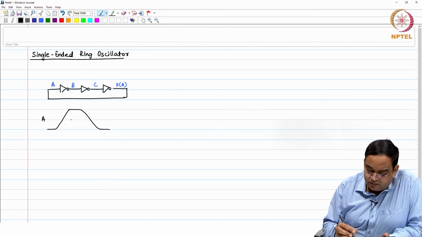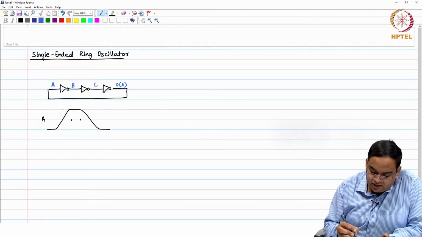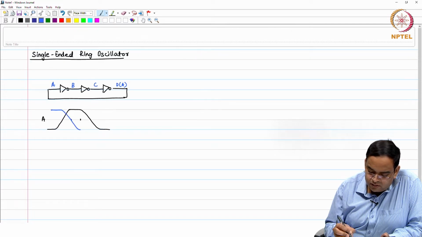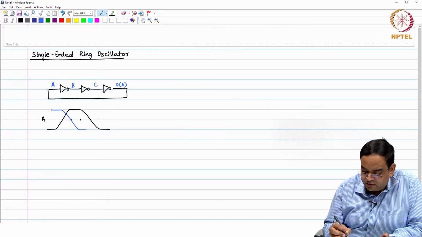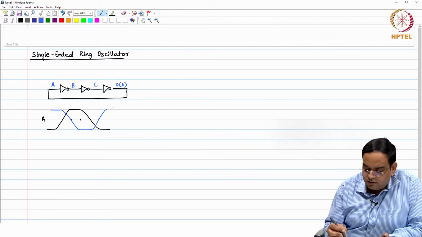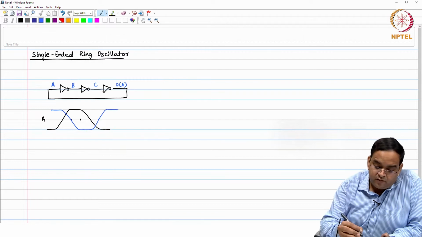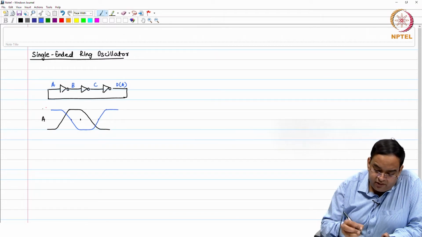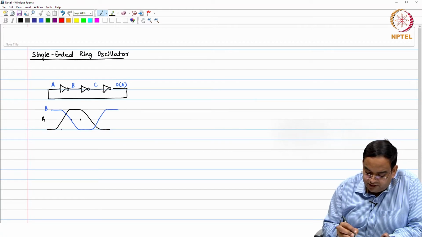So this is the waveform A. The waveform B happens to be like this. And this is waveform B, and waveform C is going to be something like this.